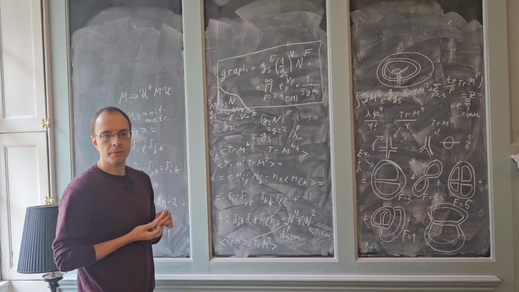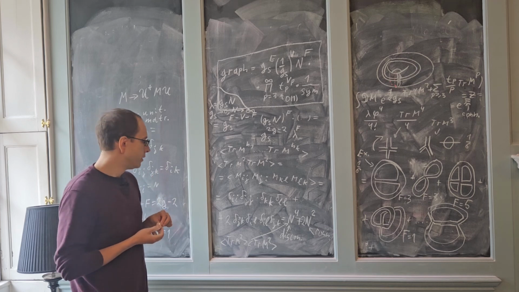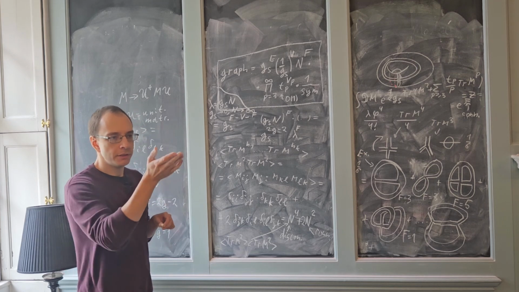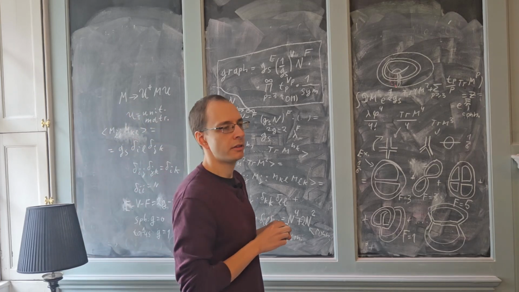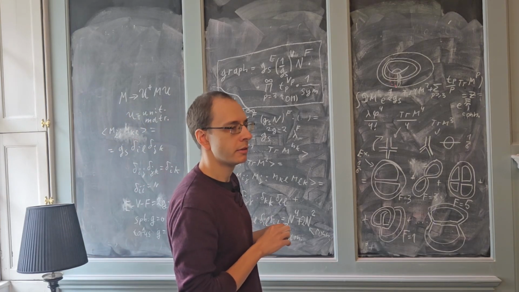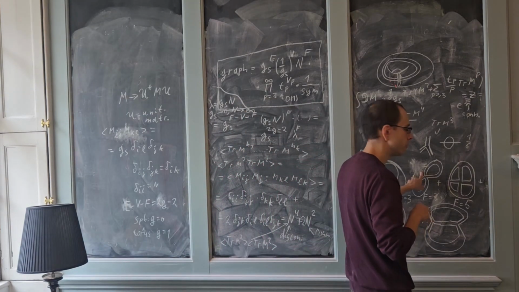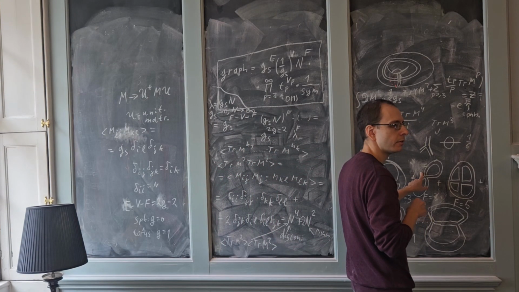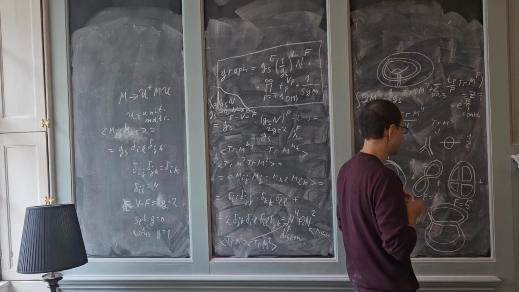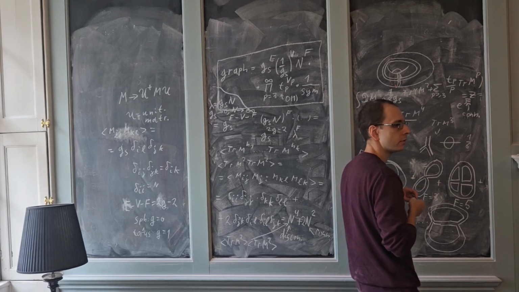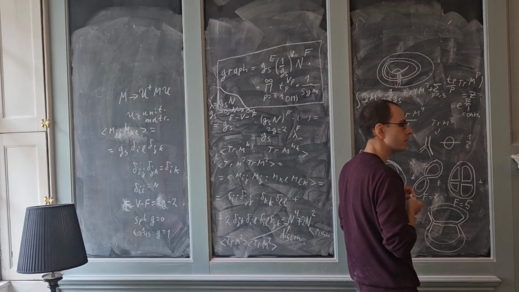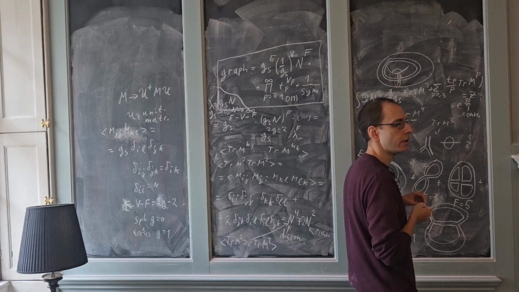More questions? Okay, so yes? The question is about the second diagram in the perturbative expansion, which should appear only when we have a trace of the fourth power.